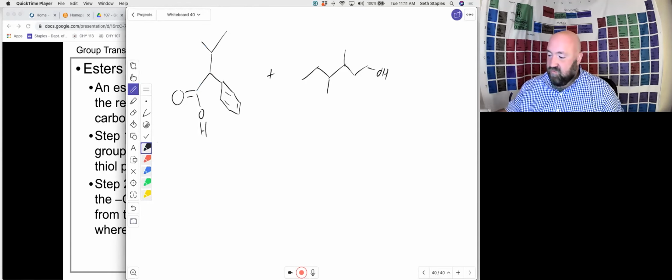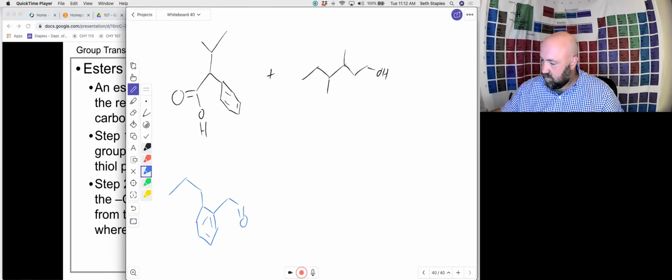It's just easier to see it if you do it this way. And so I'm just going to redraw these. They're the same exact compounds. I'm just going to redraw them with that sort of orientation. So we can see there's my first one. There's my carboxylic acid. Redraw my alcohol.